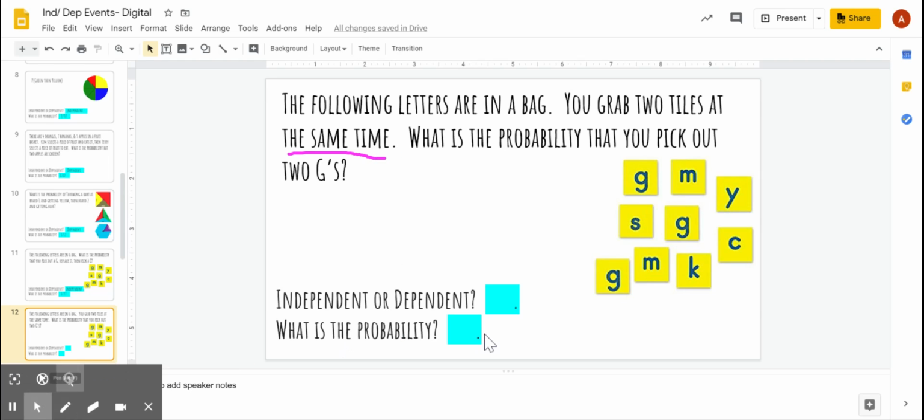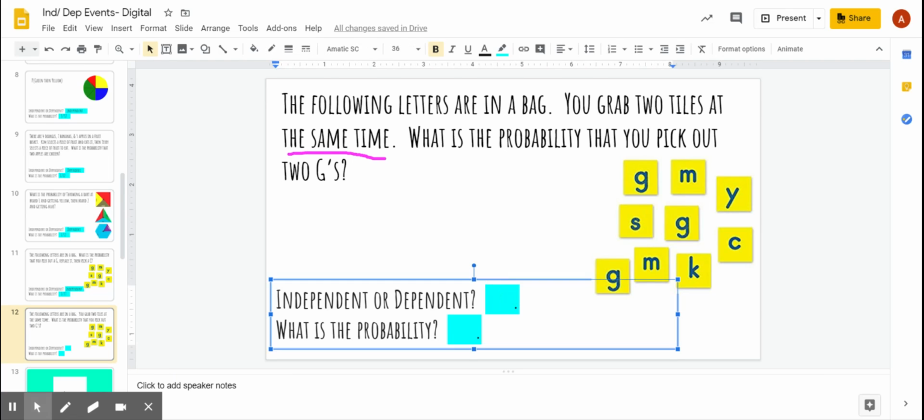That at the same time thing makes this dependent. I can't pick 2 tiles out and have them both in my hand be the exact same tile. They could have the same letter on it, but it can't be the exact same one tile. That doesn't make any sense, right? I have 2 different tiles in my hand. So dependent, it's like I pulled one out, kept it out, and then pulled a second one out. So this makes it dependent.